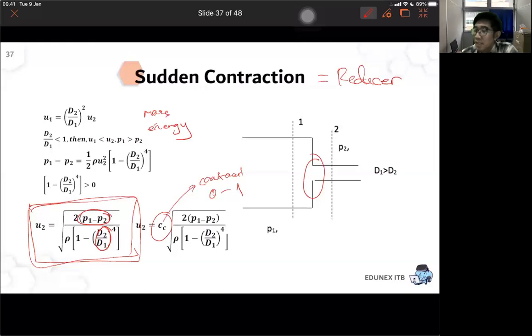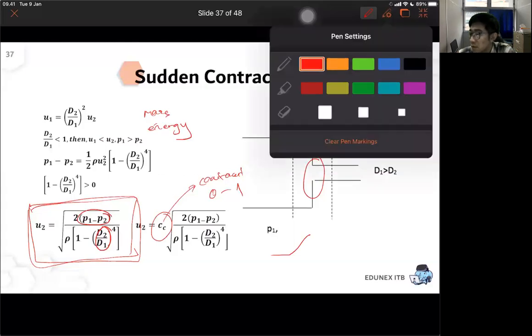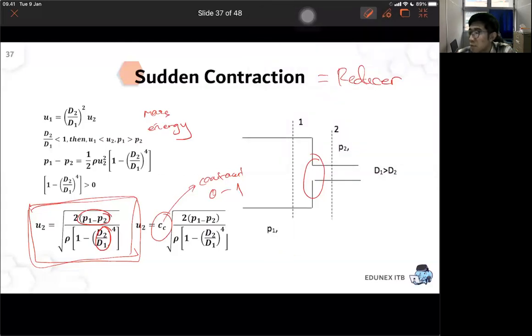Okay, basically there are two ways to calculate the constant. First, actually it comes from the experiment. Like if you have a sudden enlargement or sudden contraction, you will have the value of U1, right? Experimentally, you find the value of U1.